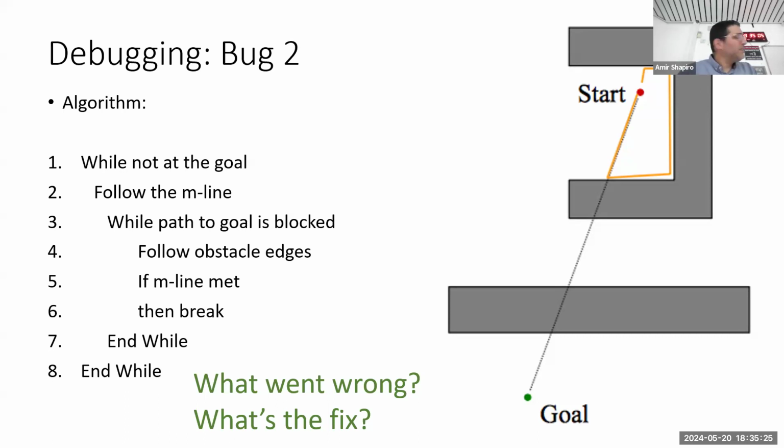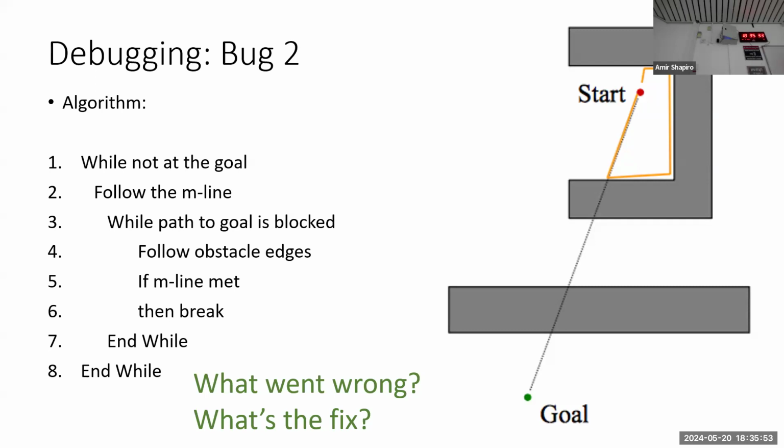From start here to target here. So from start, it goes from here, go back, and then this is the start now. So it goes from here until it hits an obstacle, then goes around the obstacle and gets back to the line, and then continues. And then there is a circle here.